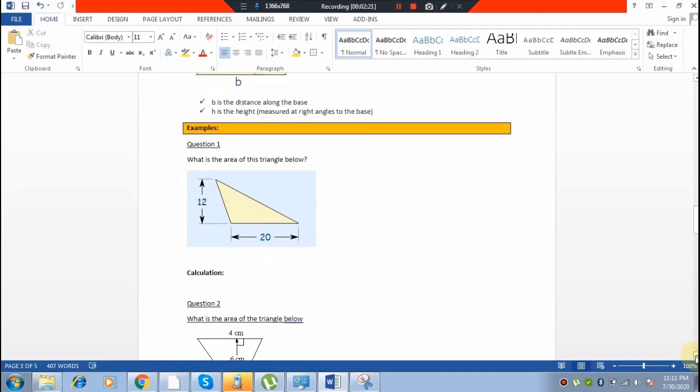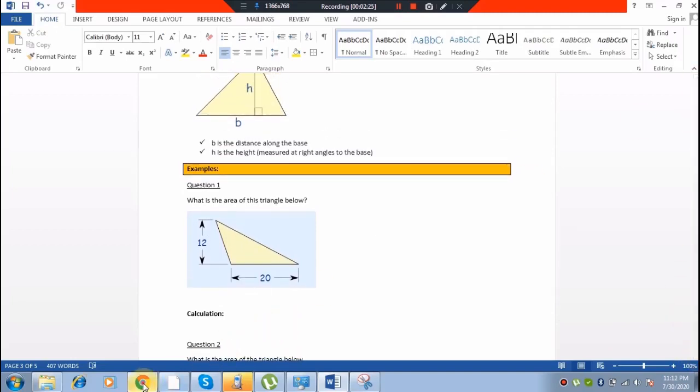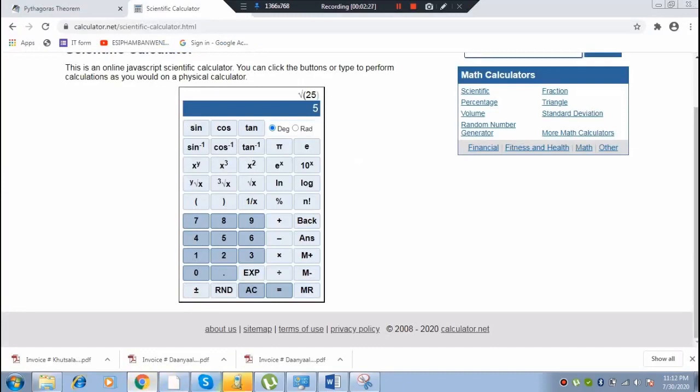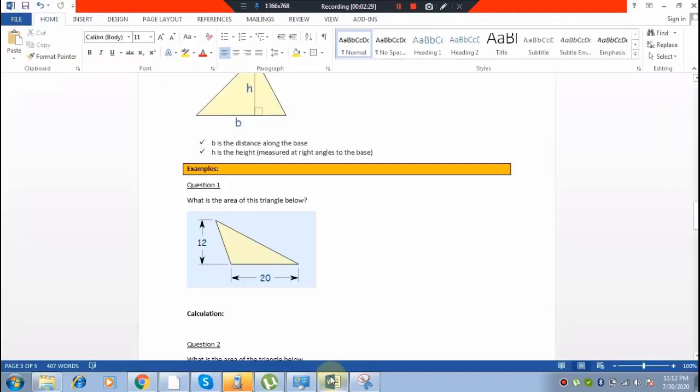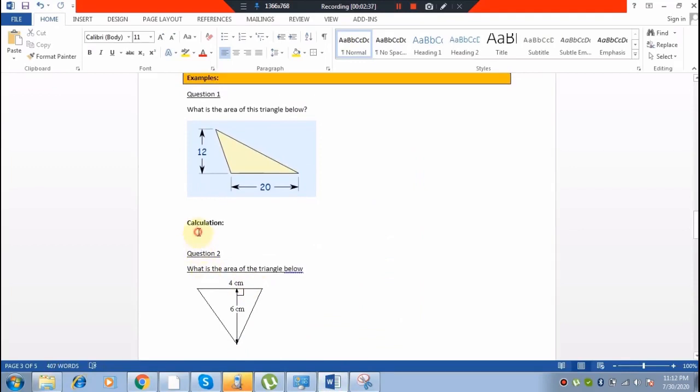Now let's do our calculations. I'm just going to copy the formula here. What is the area of the triangle?